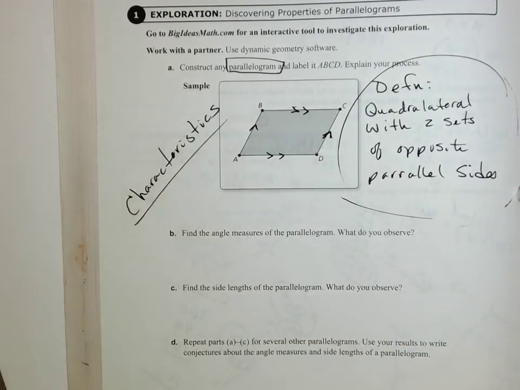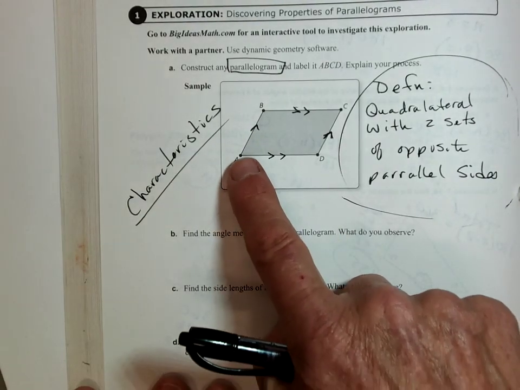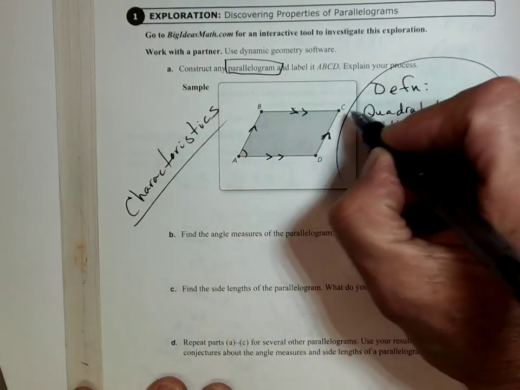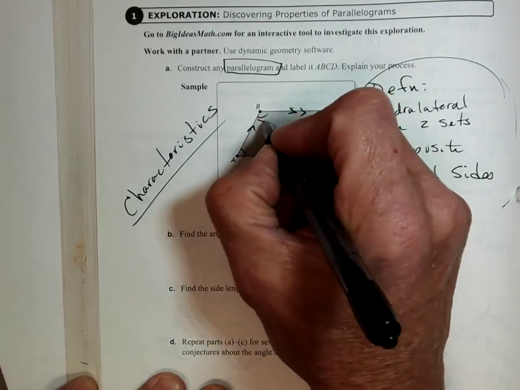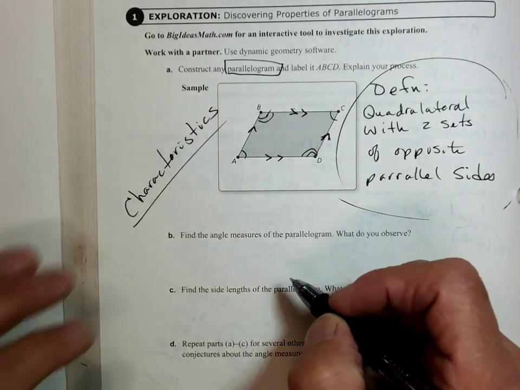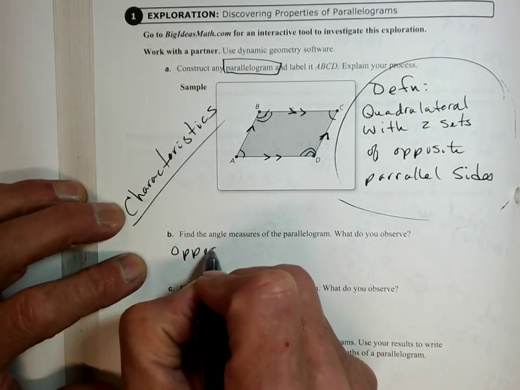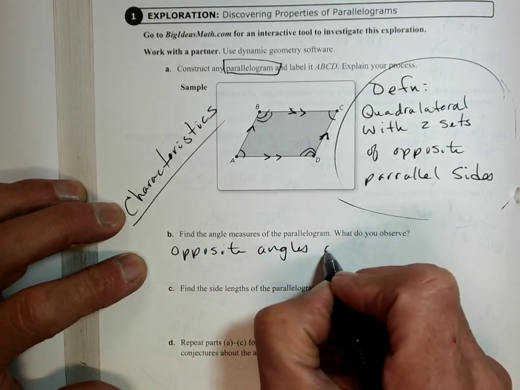Okay, so first of all, what do we know about the characteristics? Well, we do know that if we looked at, in fact, it even looks like it. Angle A looks congruent to angle C, doesn't it? And it looks like angle B is congruent to angle D. And sure enough, in a parallelogram, we know that opposite angles are congruent.